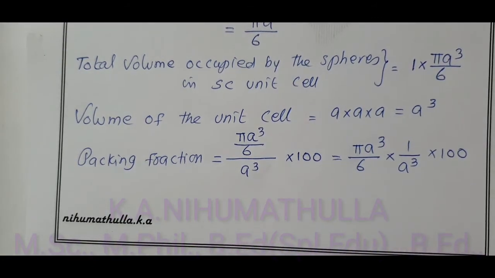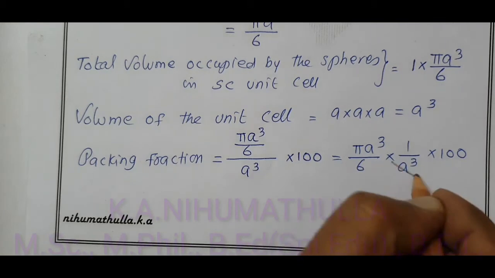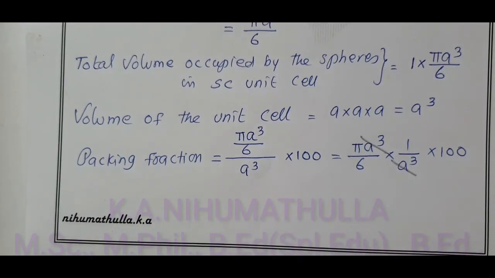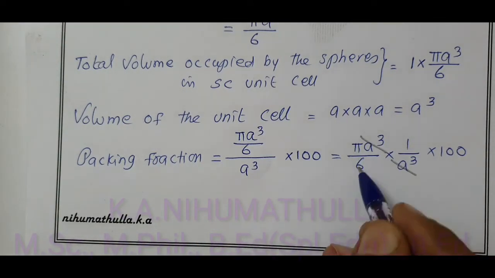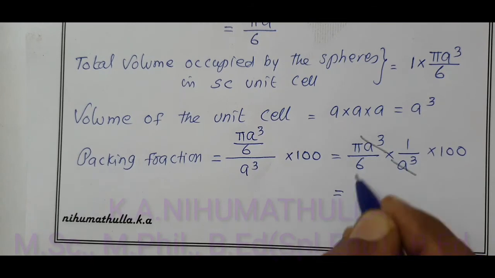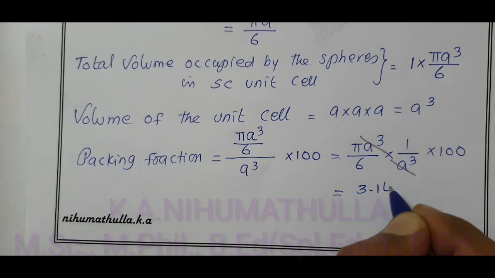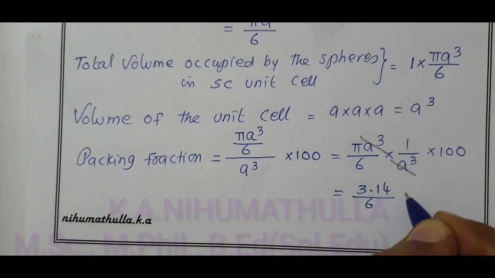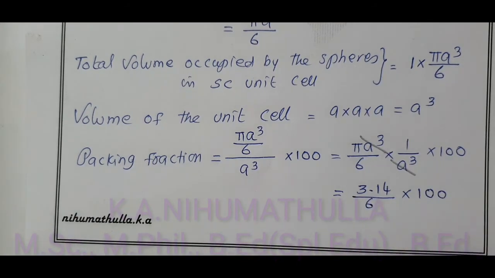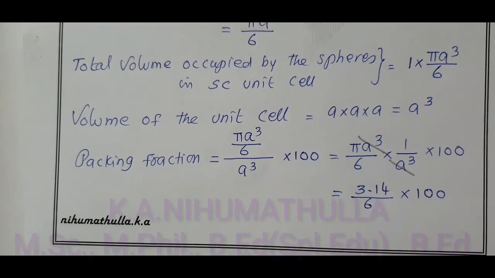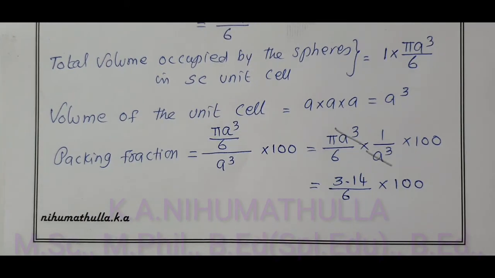Which one is cancelled, dear student? A cube and a cube are cancelled. So, pi by 6 into 100, pi value we know 3.14 by 6 into 100. You can cancel 6 and 3.14, that is easy cancellation.